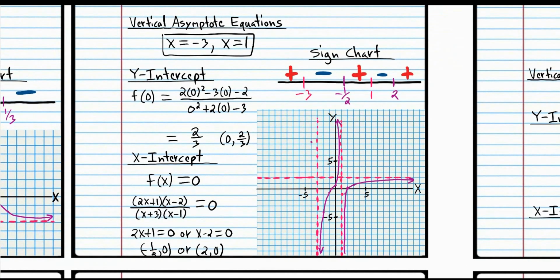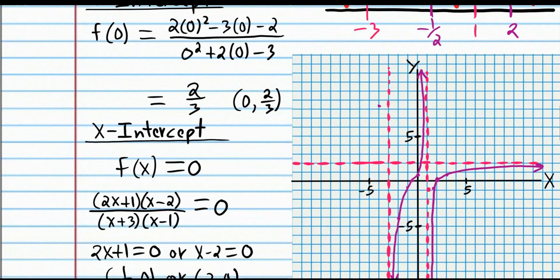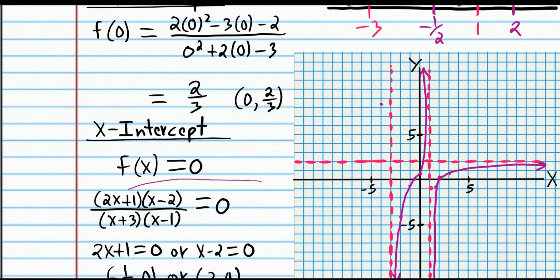Let's try -5. So that gives us -10 times -7 over -2 times -6, 63 over 12. So 63 divided by 12 is 5.25.